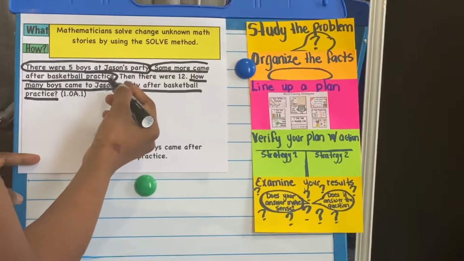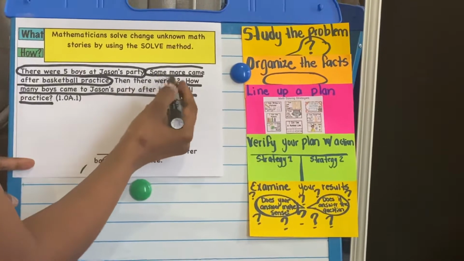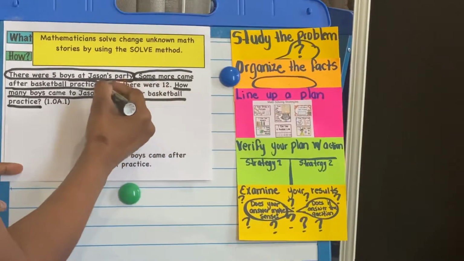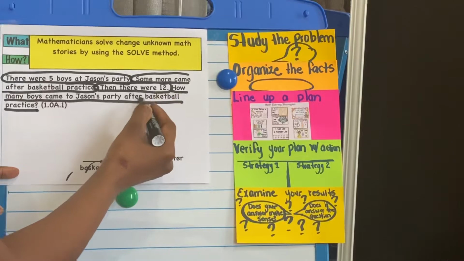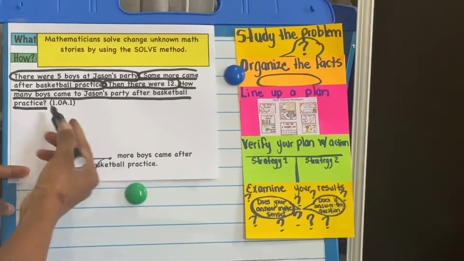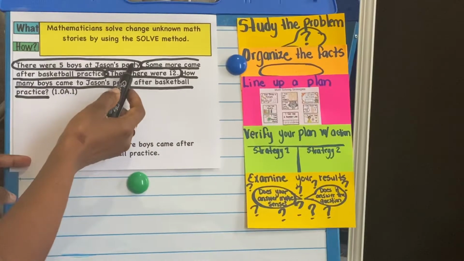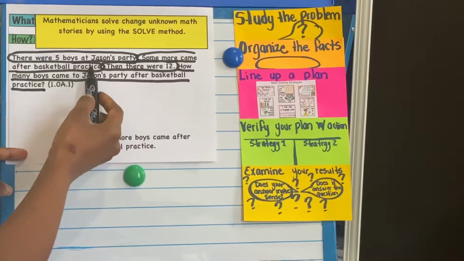I'm going to read the next part. Then there were 12. Do you think that's important? Yes, so we're going to circle. Remember to circle all important facts. So, what facts did the problem give me? There were 5 boys at Jason's party. Some more came after basketball practice.